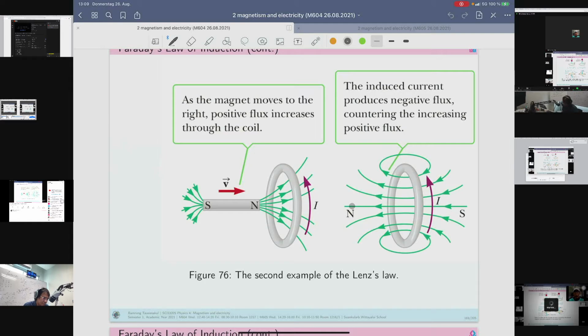If you use your right hand, your forefinger represents the current movement, which is the direction turning around like this, and your thumb direction is going to be the direction of the magnetic flux, which points to the left, right? And when you didn't switch it on, nothing happened. The coil realized that there is no magnetic flux at all across my surface.